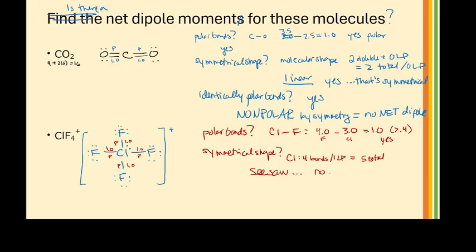No, not on the list of symmetrical. Note that once I get to a no here, I'm done. Now that tells me that this is polar. Yes, it has a net dipole moment.